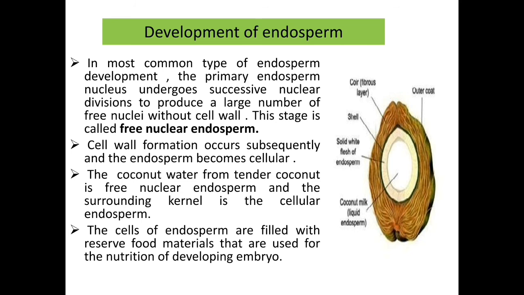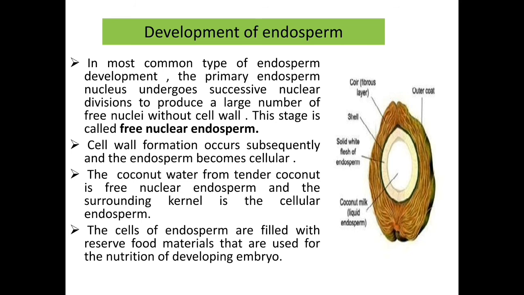The tender coconut, which consists of coconut water, is an example of free nuclear endosperm. In the picture you can see that coconut milk is liquid endosperm, and the surrounding kernel of that coconut, the solid white flesh of that endosperm, is cellular endosperm.